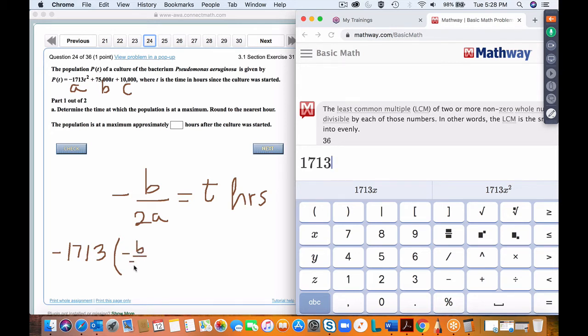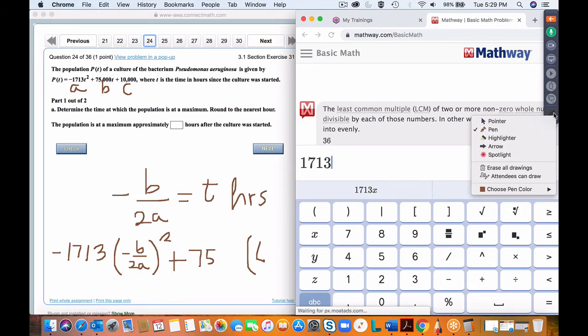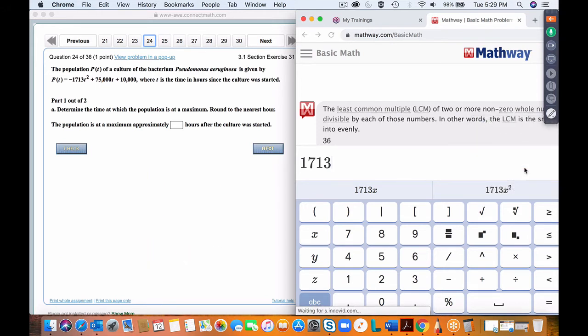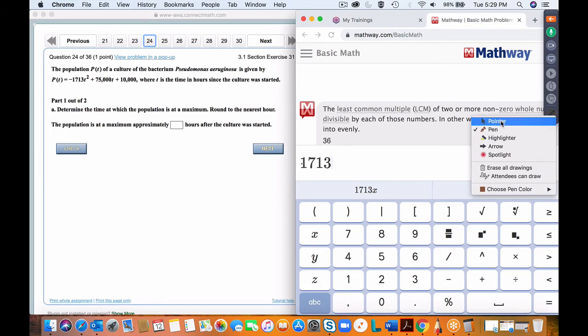When you find this number, then we just substitute in the formula. That's a square. Then we have 75 times t, and then plus 10,000. But that's too much work. We can do it easily with the calculator. Remember, we have a negative here, so we have to be careful.